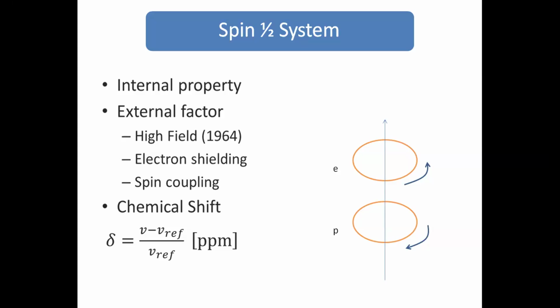Depending on that variation, we can see the change in the signal, and that is represented in the form of chemical shift, which can be represented by delta here. This is the general formula we use for the measurement of the chemical shift.